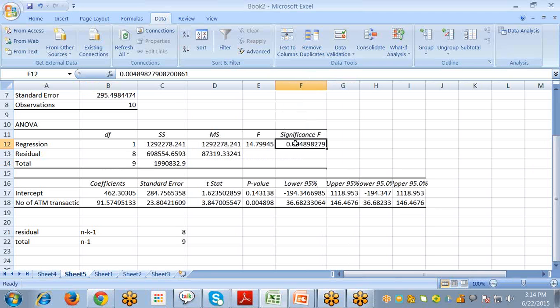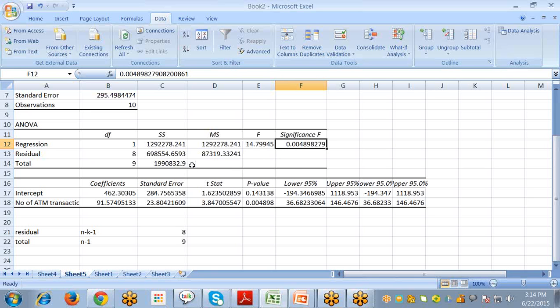The value for significance F must be very low. So here it is 0.004. It is a very low value. This is very important for regression analysis, and if this value is low, it shows that our regression analysis is very good.